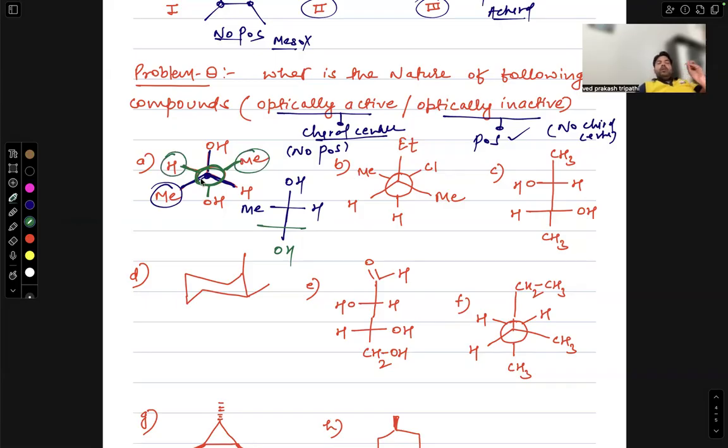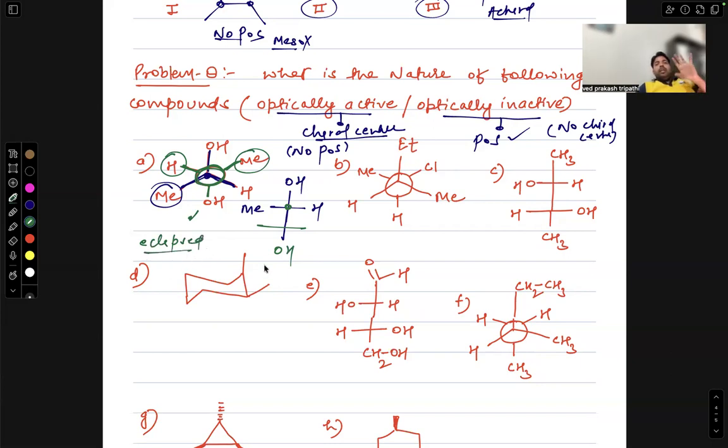Whenever you are going to convert Newman into Fischer, one chiral center would be the same. Like here the front remains the same. But whenever you draw the rear one, always flip 2 groups, always. Because Newman is nothing but the eclipsed form of Fischer.